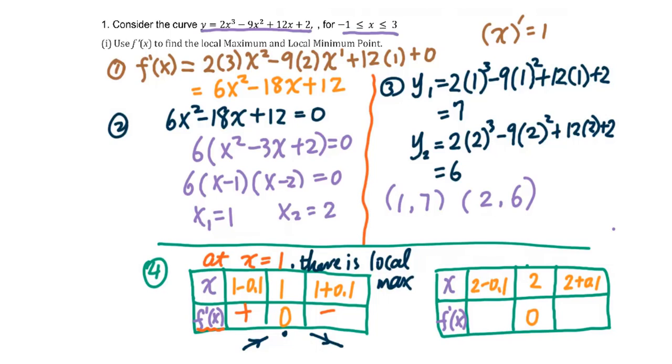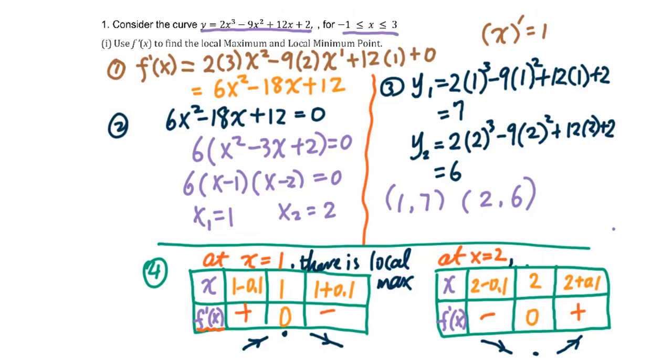Then for x equals 2. You will find the sign of f prime of 2 minus 0.1 is negative, then goes to 0, then here is positive. Therefore, it's going down, then a minimum, then going up.